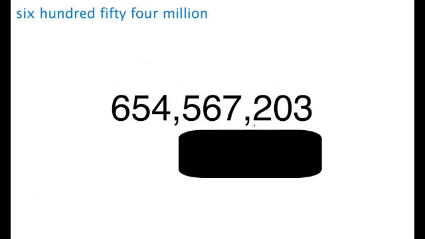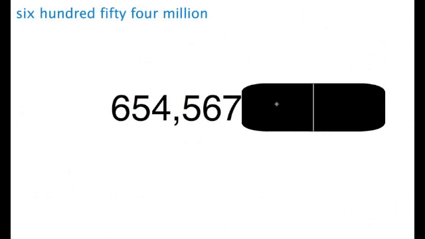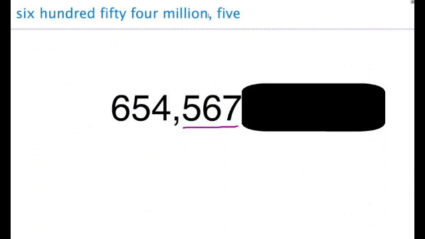Okay? Now I'm going to clean up my work here a little bit. Jump back into the number. I'm going to cover up the rest of the number, and right now I'm just focusing on this part of the number. When I read that period, it reads 567. So I'll put a comma after million and write 567.